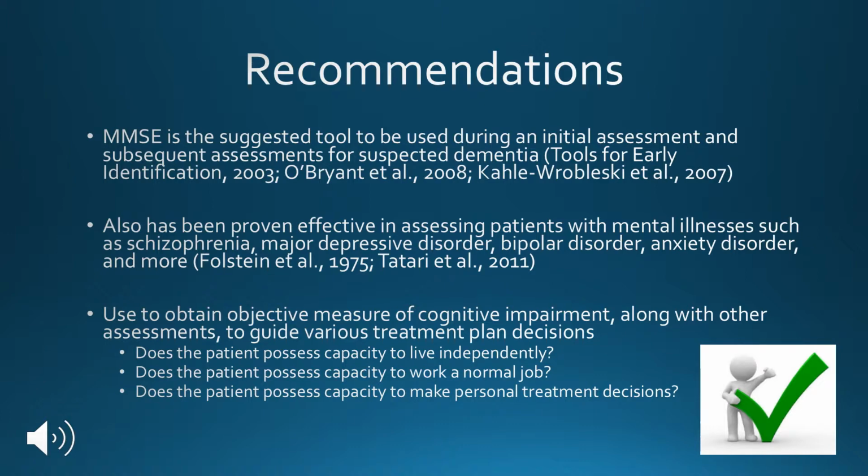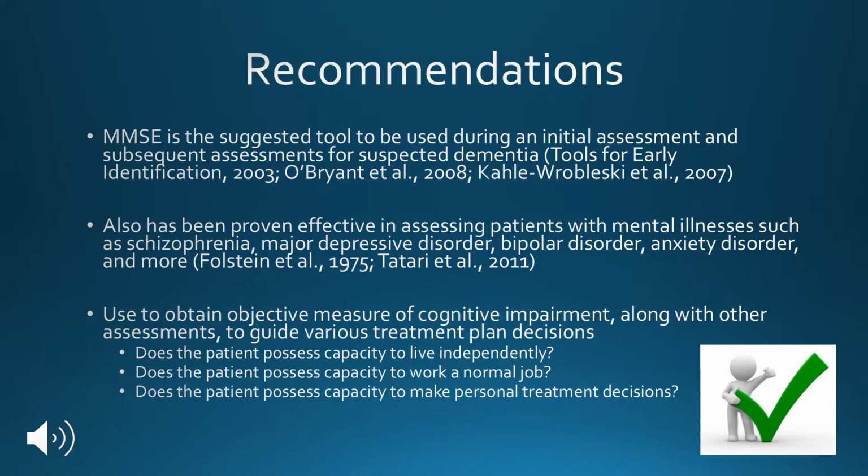The provider can make appropriate treatment plan decisions such as: Does the patient possess the capacity to live independently? Can the patient perform their activities of daily living independently? Does the patient require assistance? Does the patient possess the capacity to gain employment and to maintain employment?